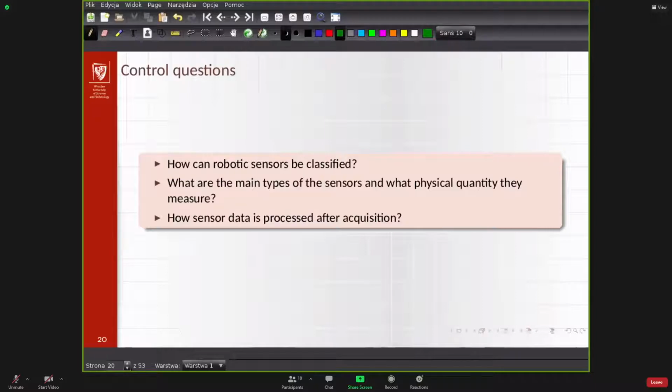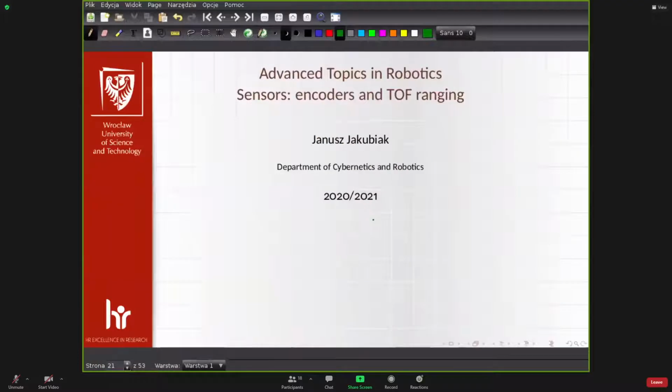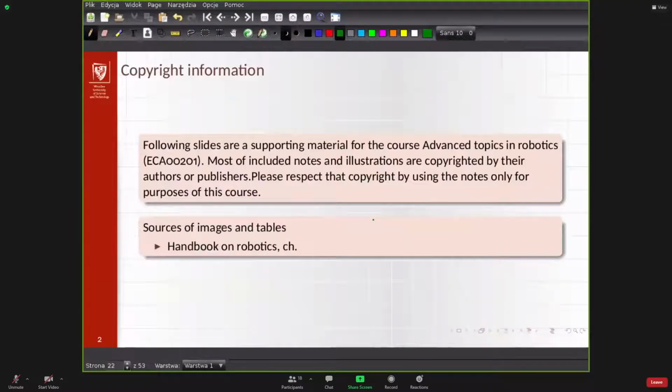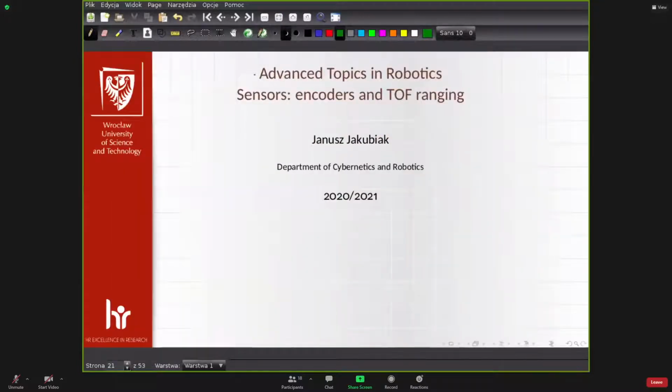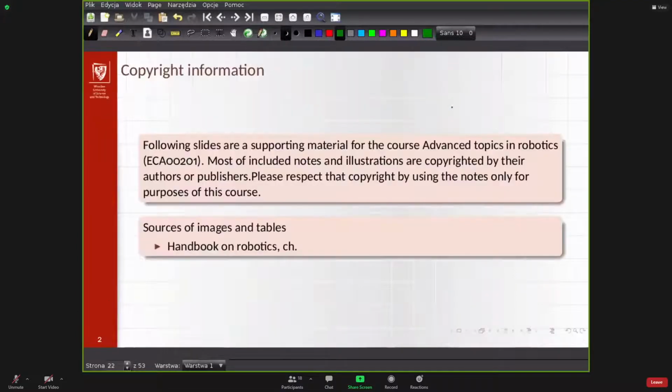So what are the stages of processing the data when they are already taken from the sensor. Okay, so let's finish with the general part and let's go to more details of encoders and time of flight ranging.